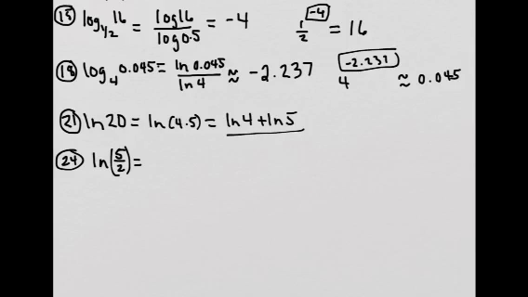For natural log of 5 halves, because they want it written only in terms of log 4, log 5, let me see if I copied it right. Yeah. So this means natural log of 5 minus natural log of 2 for now.